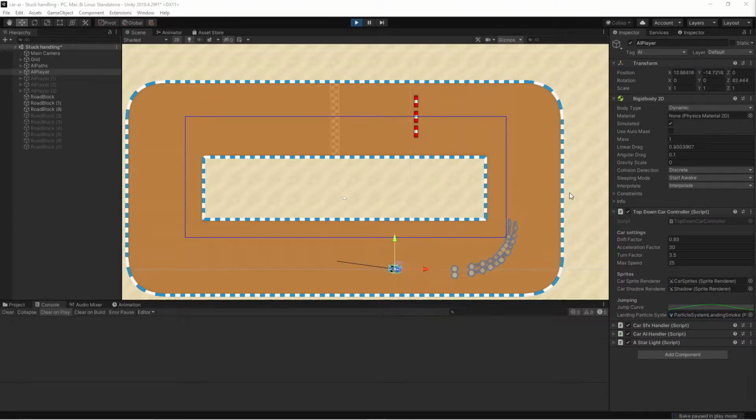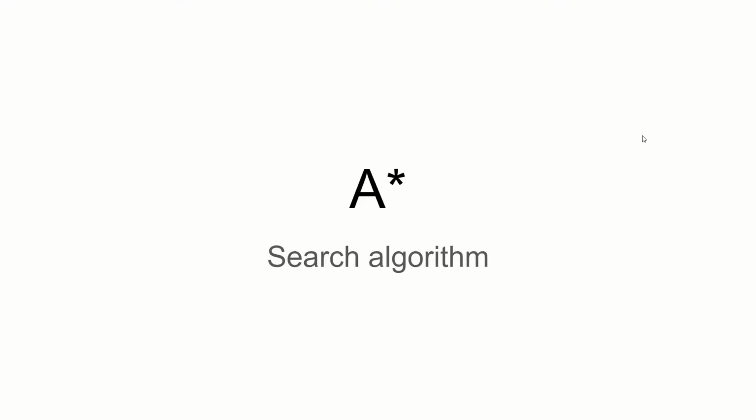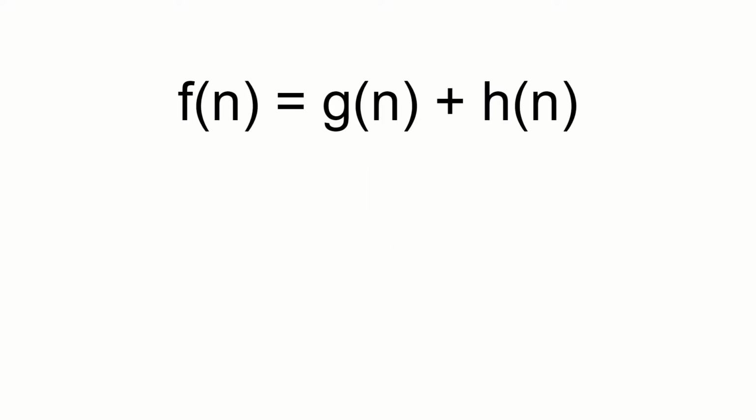So let's start by looking at the theory behind the A-star first. A-star is a search algorithm that is often used in games for the AI to find its path through a maze or something similar.